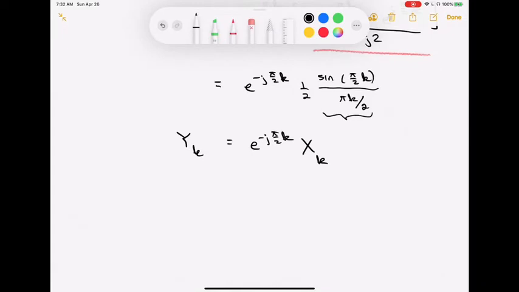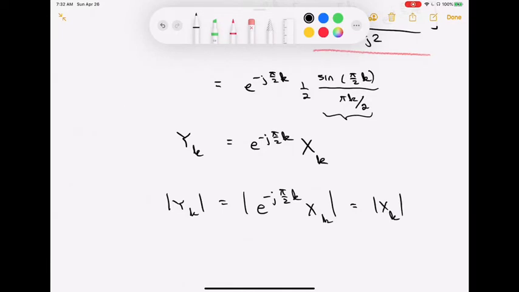And if you think about that, that actually makes a little bit of sense. If I look at the magnitude of y k, that is going to be the magnitude of e to the minus j2 pi k, x of k. The magnitude of a product is the product of the magnitudes, and the magnitude of a complex exponential is just 1. So this whole thing equals the magnitude of x k. And so this is actually a very intuitive result.